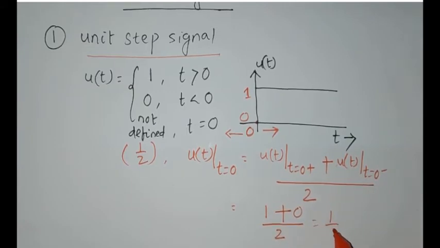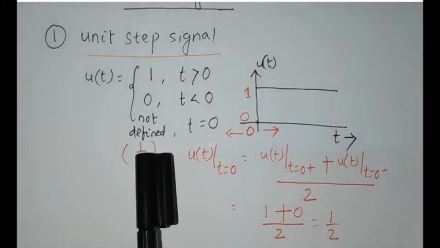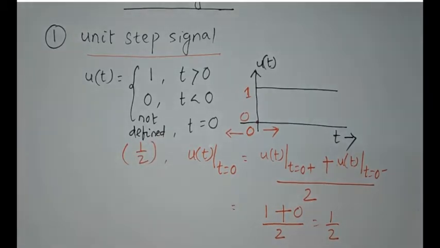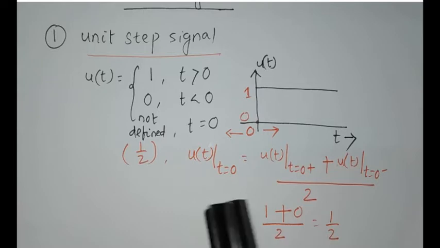That equals 1 by 2. Clear? Now this is the unit step signal. I think everyone is clear. This formula is useful to find the value of any signal at any discontinuity point.